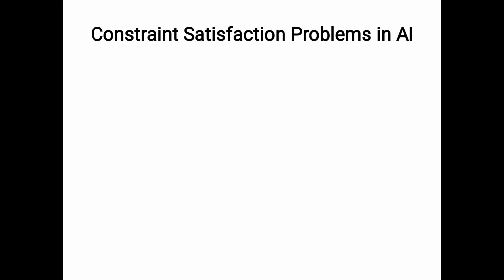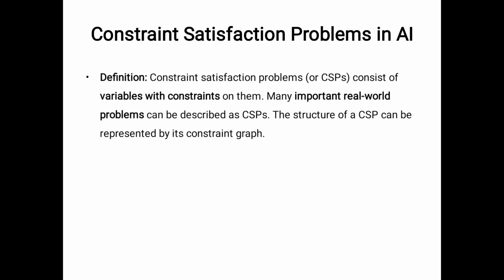Coming to the definition related to artificial intelligence, a constraint satisfaction problem is a collection of variables, domains, and constraints. Many important real world problems can be described as constraint satisfaction problems. In artificial intelligence, we have some toy problems and real world problems.